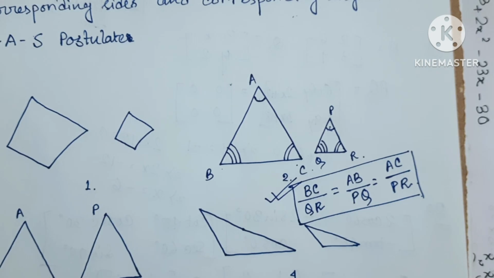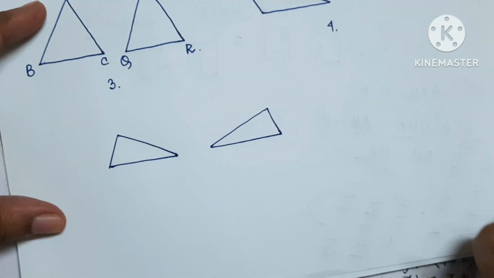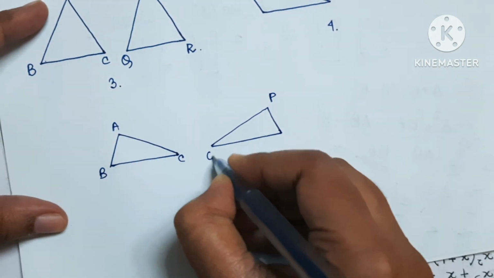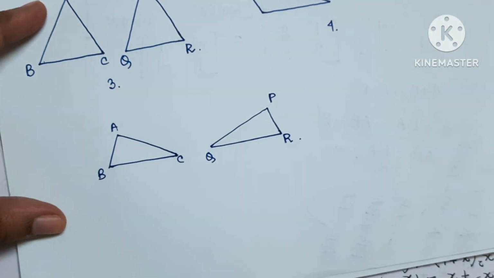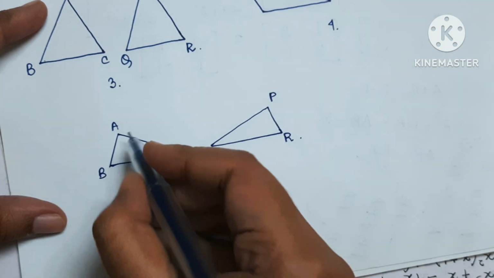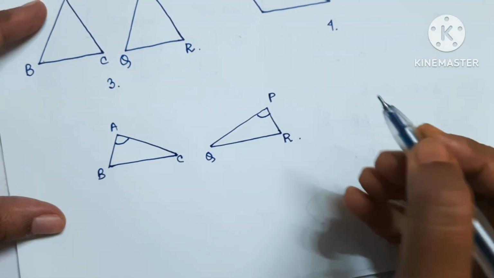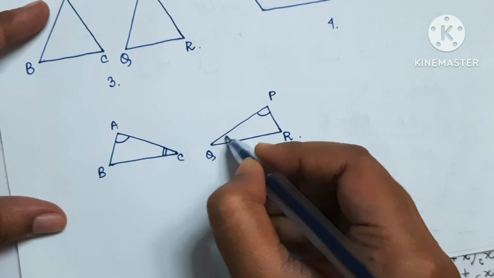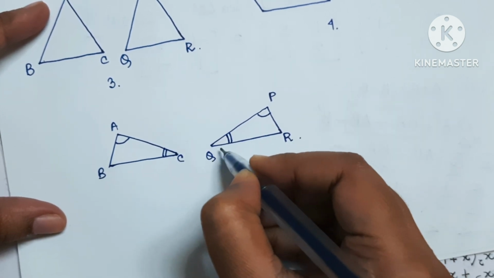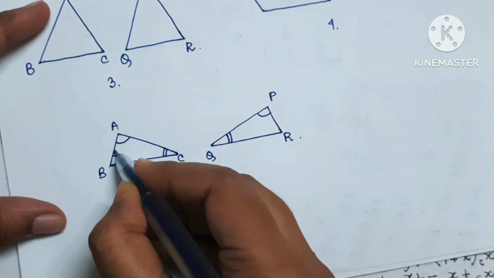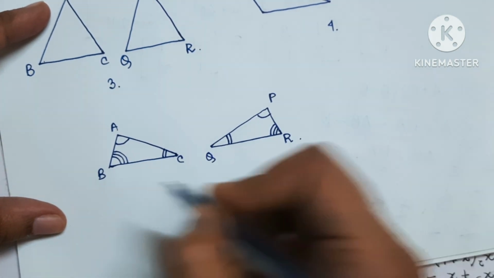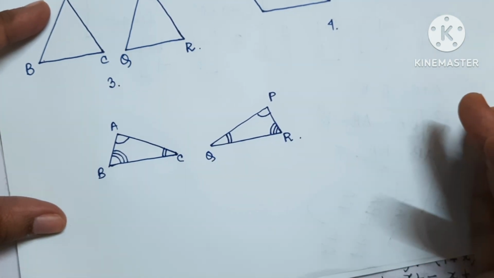And what do we mean by corresponding angles? Now see, if you have two pictures like this, with A, B, C, P, Q, R. Now you can see that this angle and that angle are equal. Angle C is equal to angle Q, and angle B is equal to angle R, right? So they are corresponding angles.